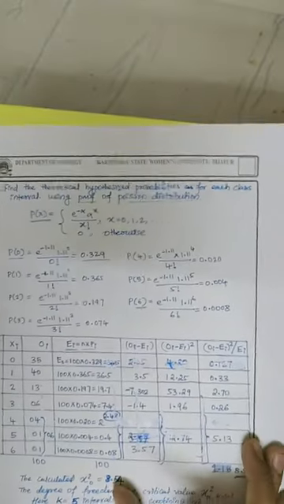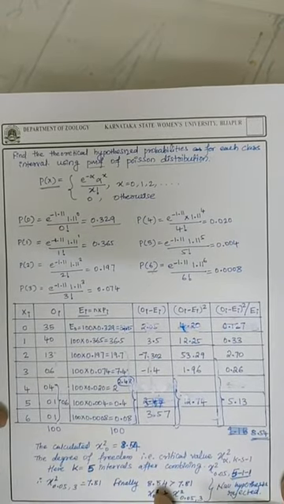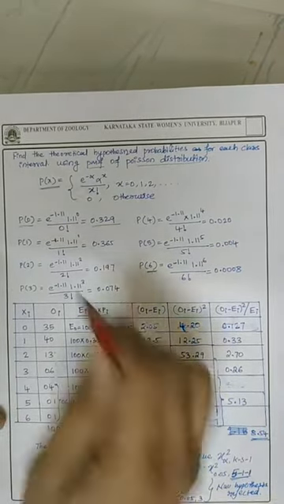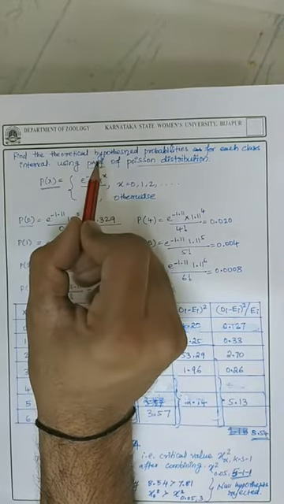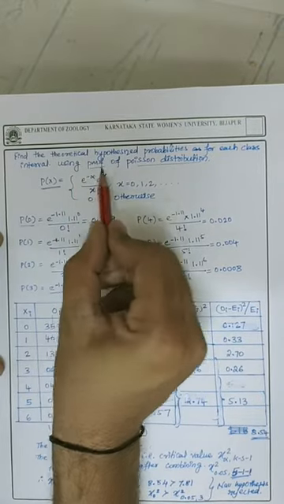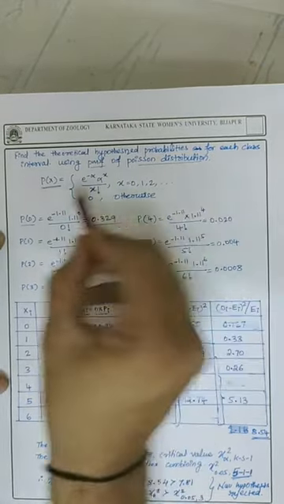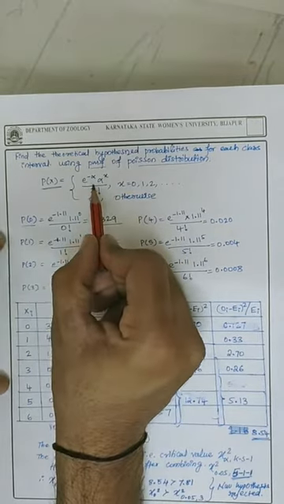Now we will apply the chi-square test for checking the goodness of fit. First we will find the theoretical hypothesized probabilities for each class interval using the PMF of the Poisson distribution. The PMF of the Poisson distribution is given by this equation.